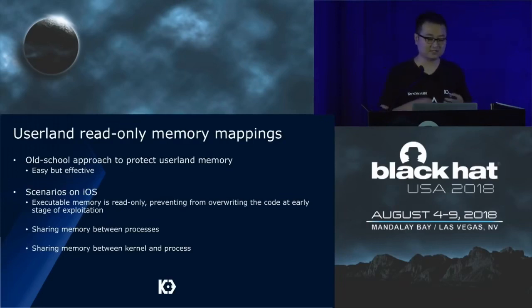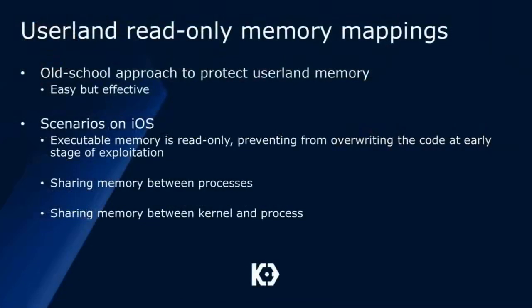The first one is, for example, executable memory in iOS being only read-only, to prevent attackers from overwriting the code at the very early stage of exploitation. Along with some other mitigations like code signing enforcement, this has made iOS very strong in security.